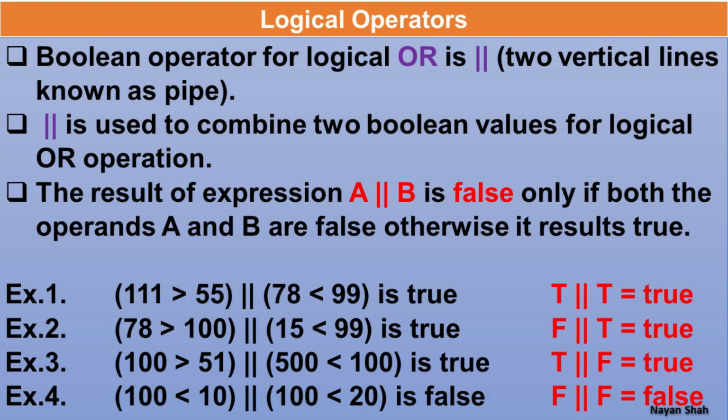And fourth example, 100 less than 10 or 100 less than 20. Both are false. So the result is false. So as you see, with OR, when both the conditions are false, then only the result is false. Otherwise it is true.